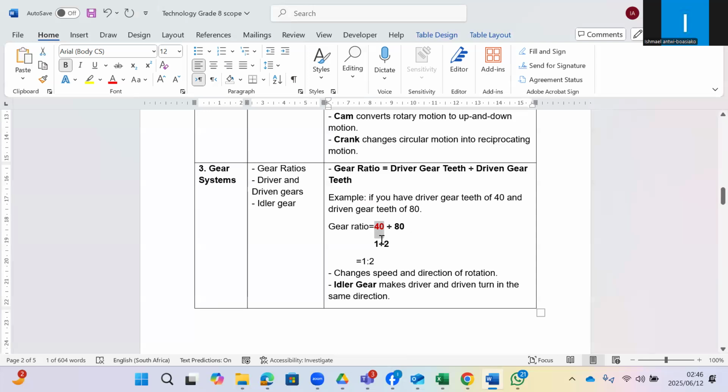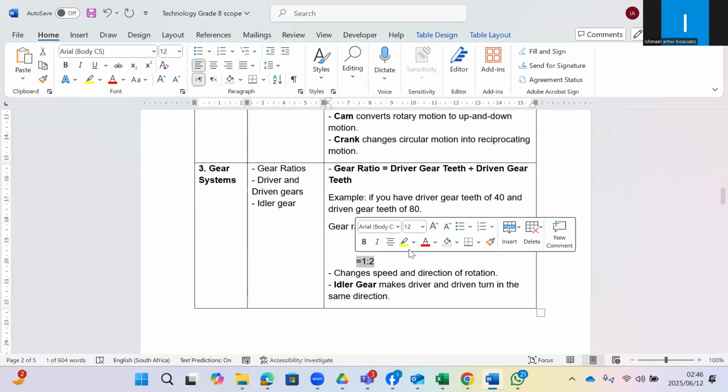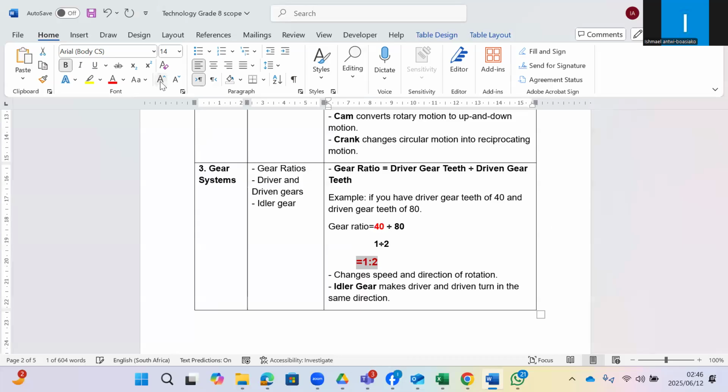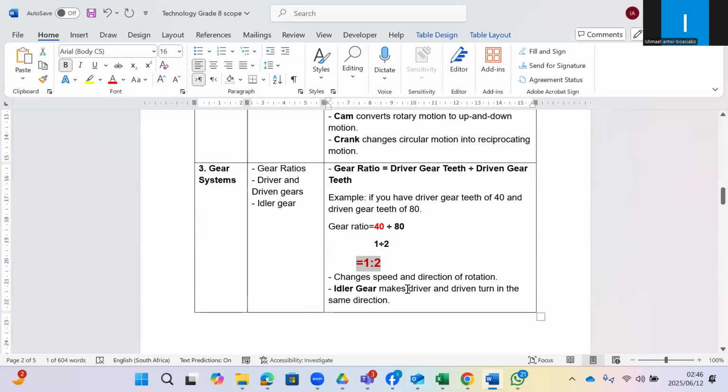So we are going to get 1 divided by 2. And then because we are applying it in a ratio way, we say 1:2. In math, you say 1:2 as a ratio. Now, that one will change the speed and direction of the motion or the rotation.